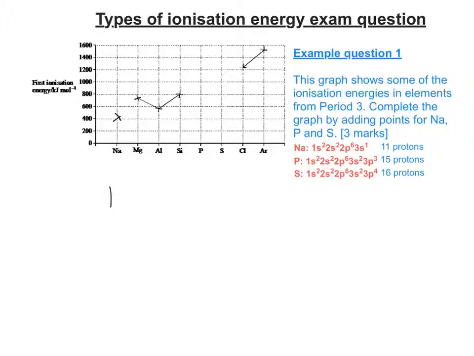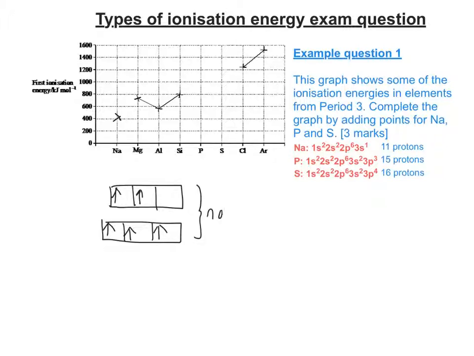So if we look at 3p2, like so, and compare it to 3p3, which is phosphorus's configuration, then obviously what's going on here is that there's no difference in shielding, because the same subshell is being filled.